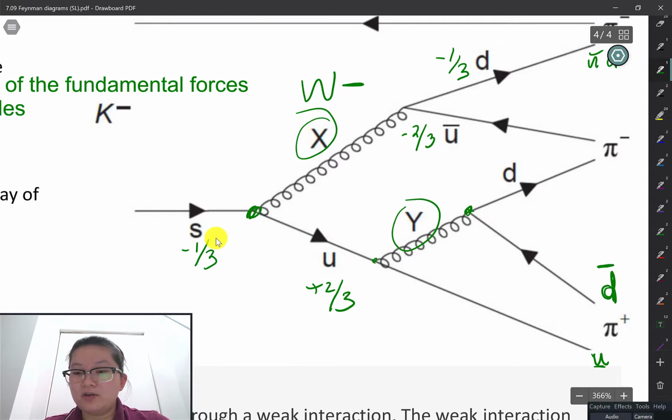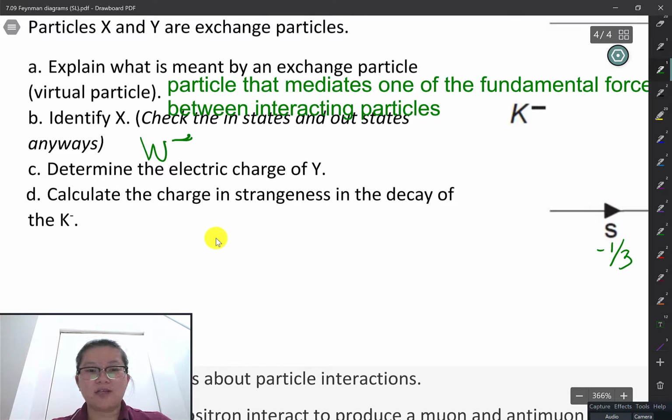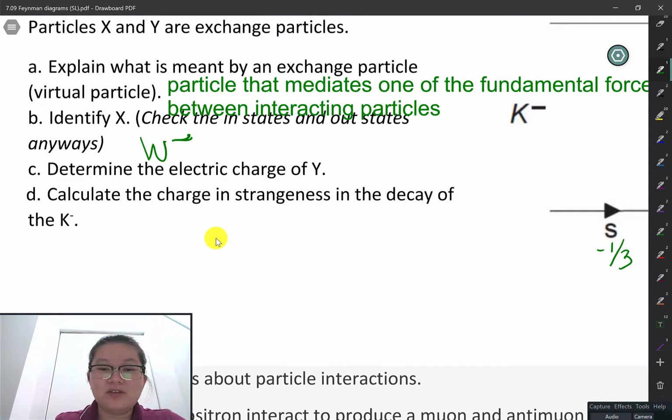If we double check the charges, this is going to be exactly opposite in charge, which means it produces a pair of quarks. This is a -1/3, this is a +1/3. So this Y would have a charge of 0. That's all we need to do. We don't even need to determine the exchange particle. So we know that the charge of Y has to be 0.